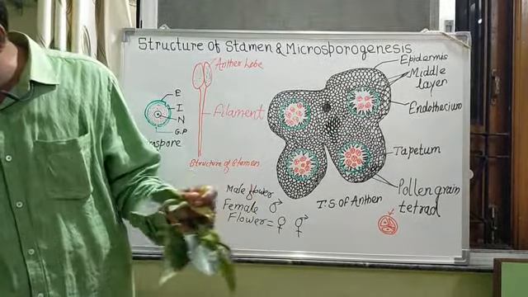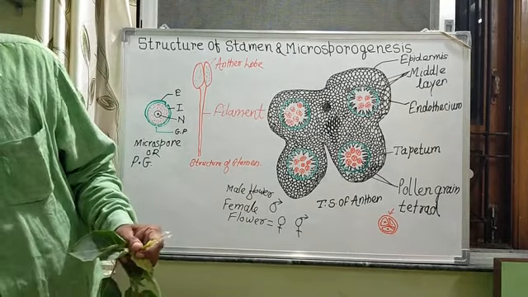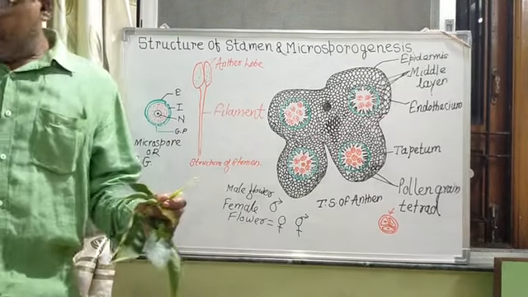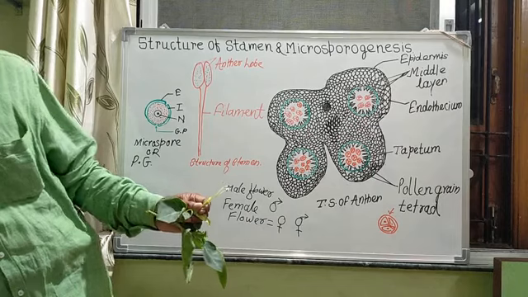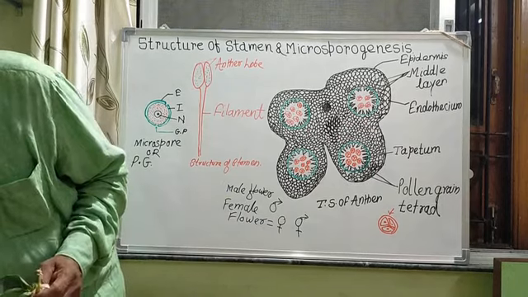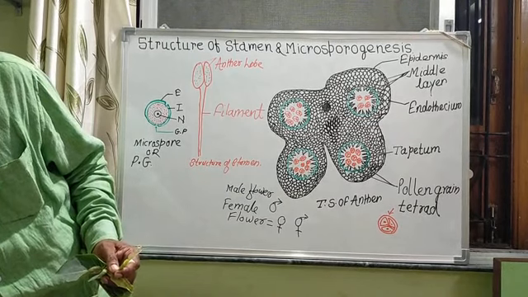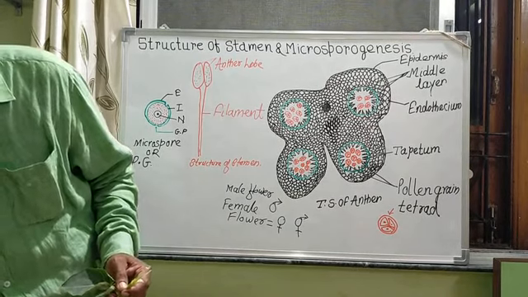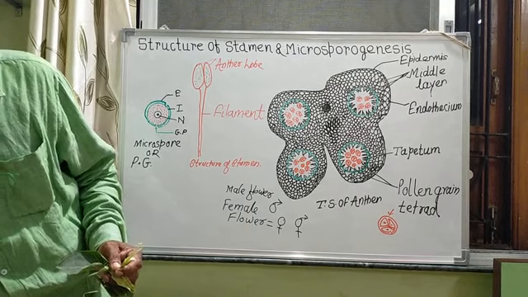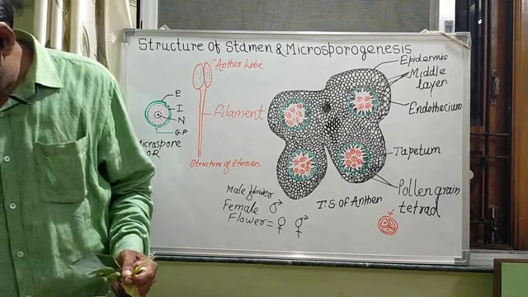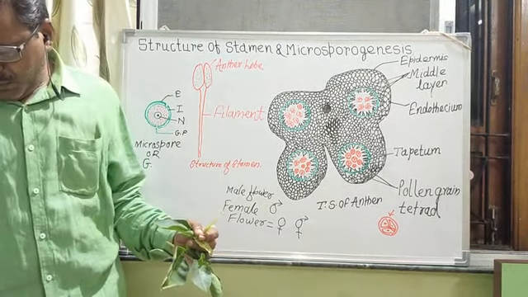So androecium is the male reproductive part of the flower, having internally dithecous anthers, so the anther of the stamen produces microspores.